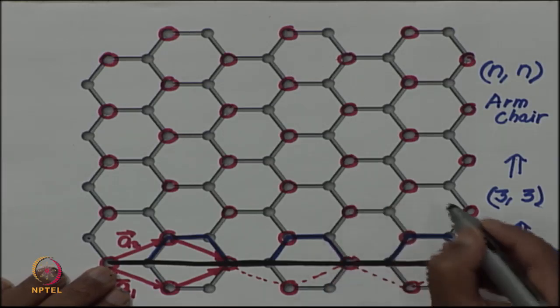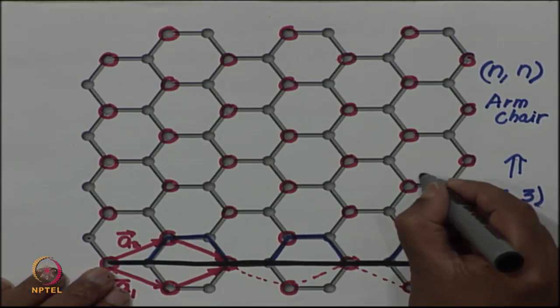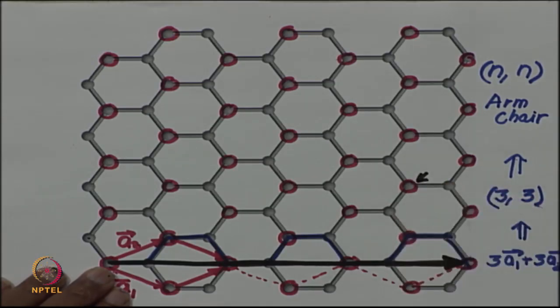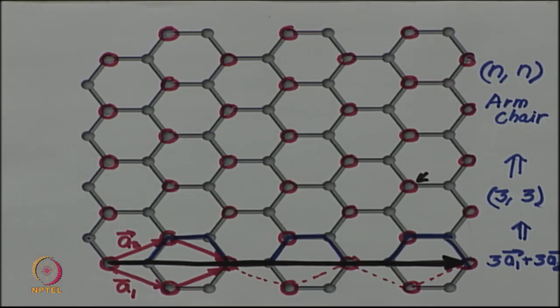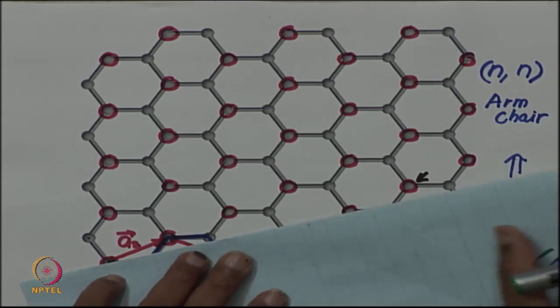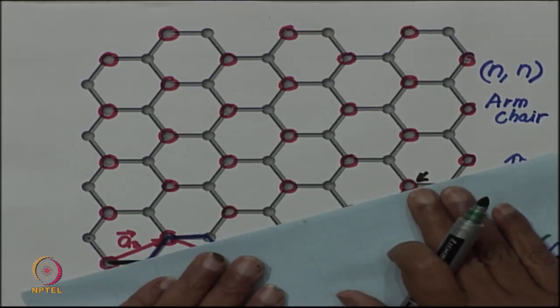Let us choose this atom, and let us say that we want to identify this atom with the origin and create a tube, which means my circumferential vector will be going from origin to my chosen atom.